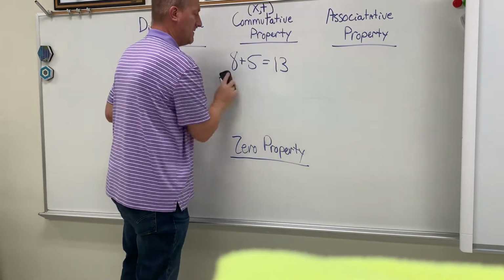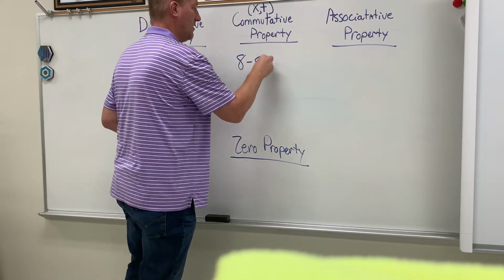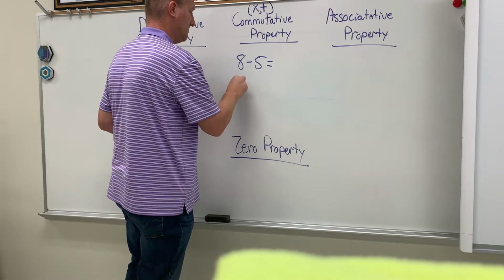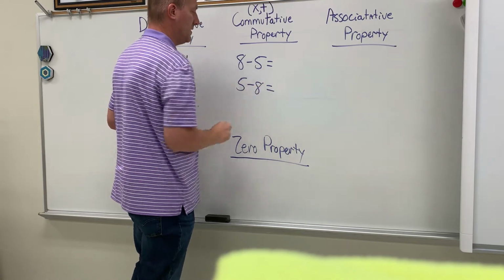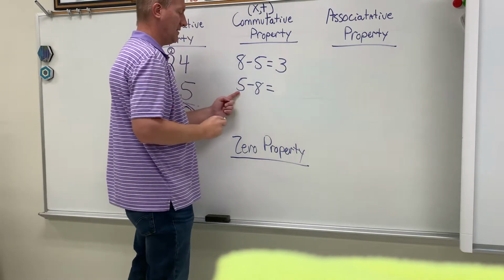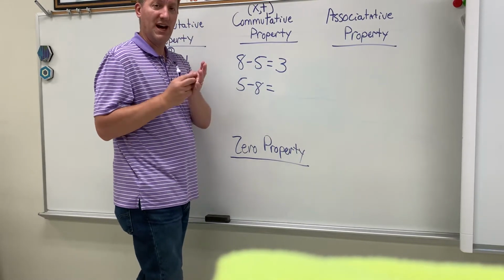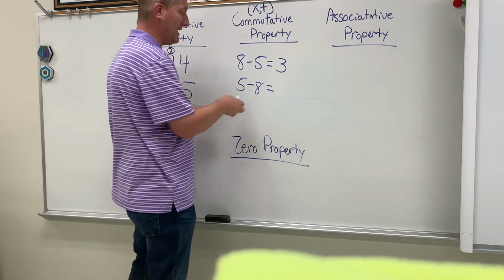Okay. Let's see if it works for subtraction. Okay, 8 minus 5 is 3. 5 minus 8, we can't do that, can we? If we only have 5, we can't take 8 away from it.